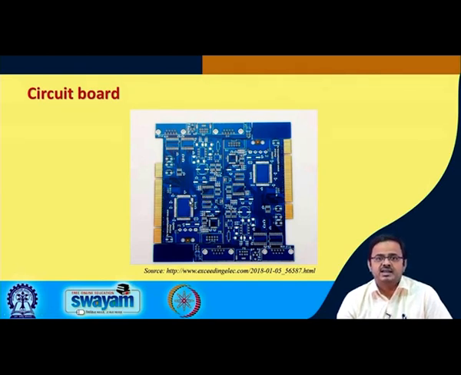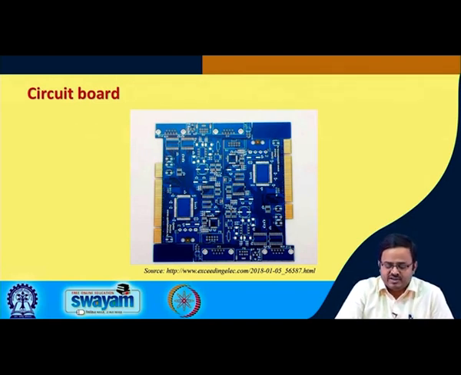So, if you look at this circuit board, let us spend a little bit of time over here. As I said, this is just the circuit board or circuit card before the components have been mounted. What do we see here? We see a lot of these connection points. If you look at where my cursor is right now, what is this one? This is the place for connection of a quad flat pack package, right.